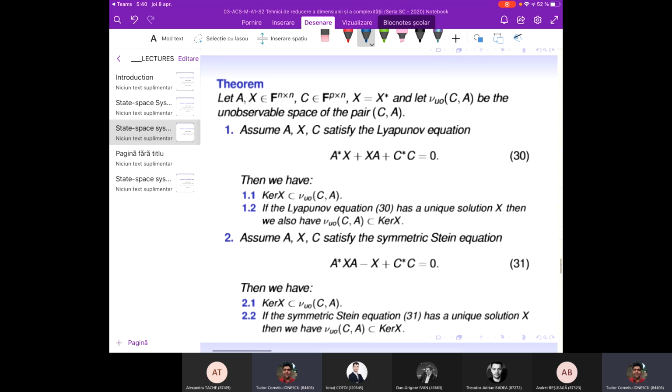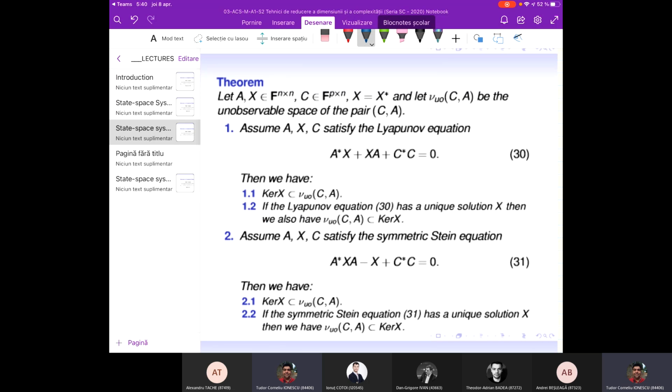Now we can also get a dual result, where we do the same for the observability. We consider the unobservable space of the pair C, A. We assume that the Lyapunov equation in X and C is satisfied by the matrix X. So the kernel of X is included in the unobservable space.